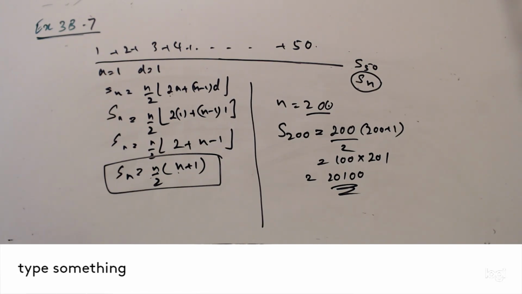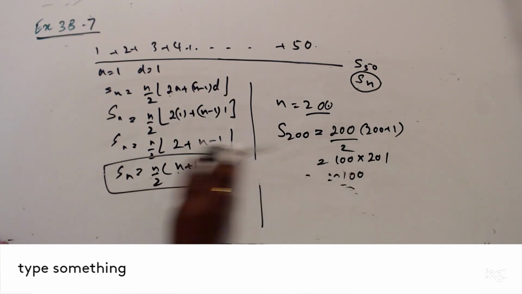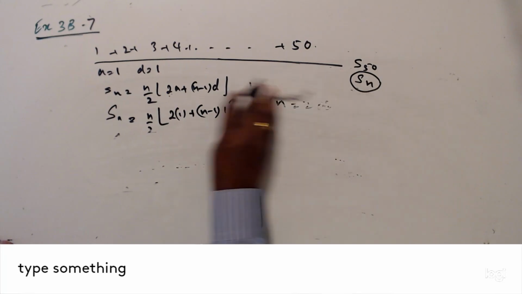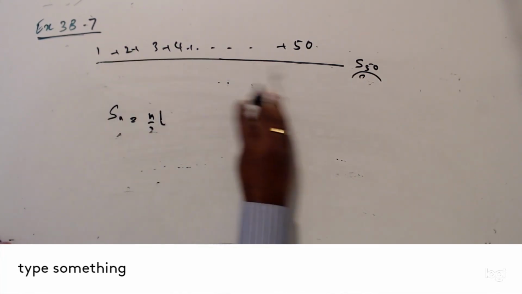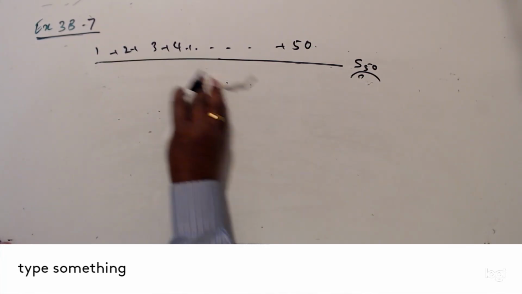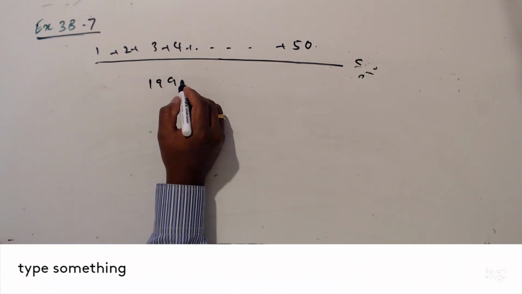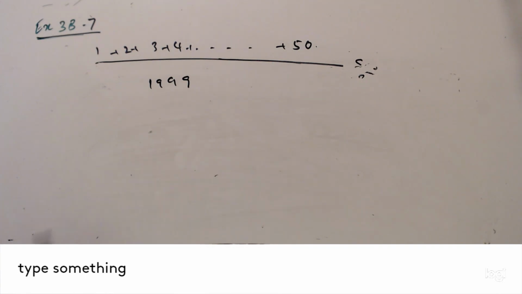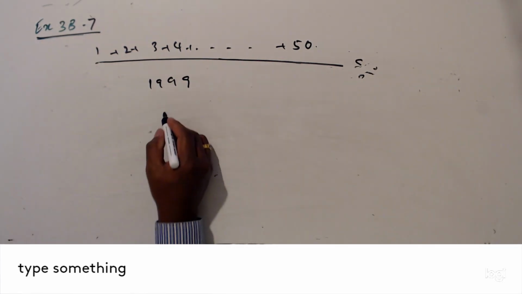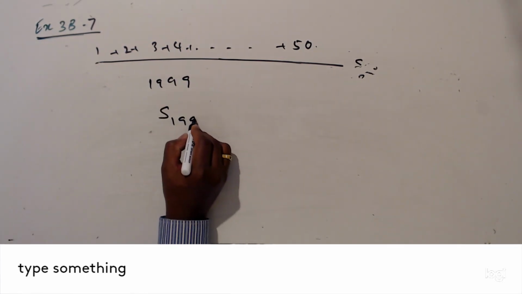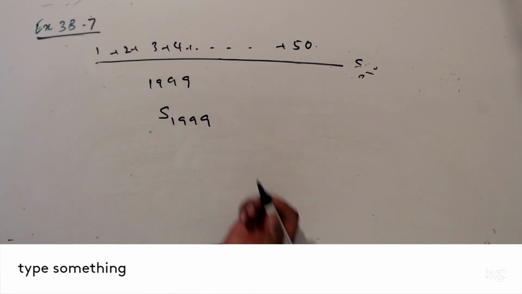Or now you assume you can't remember this formula, and you want to find the sum up to 199 terms. So how do you do it? Basically you want to find S199.